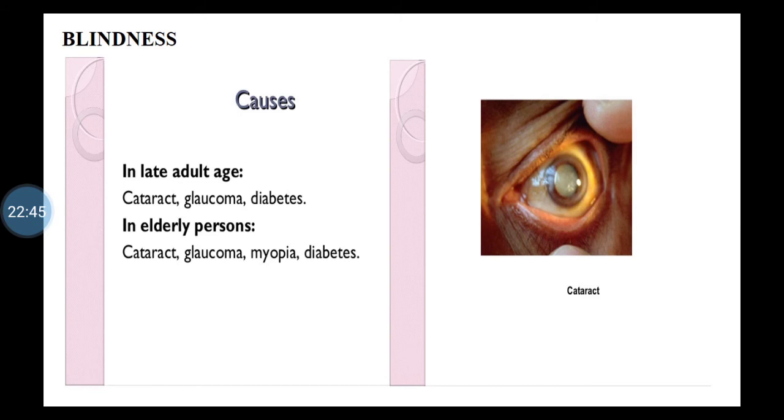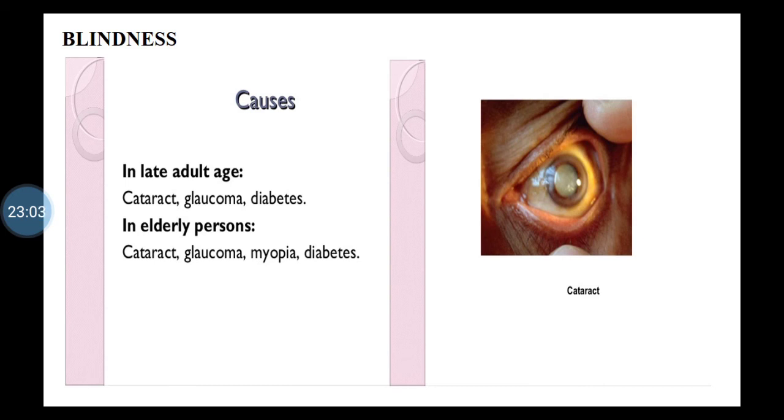Any injury to the eye can also give rise to blindness. Then the other factors we have already discussed, like malnutrition and vitamin A deficiency. The occupation of the person is also an important factor.